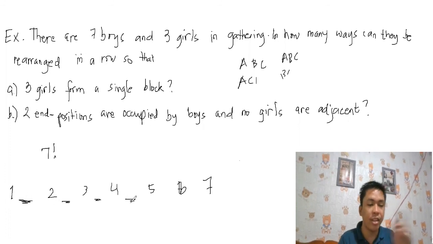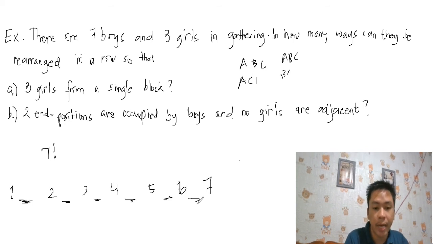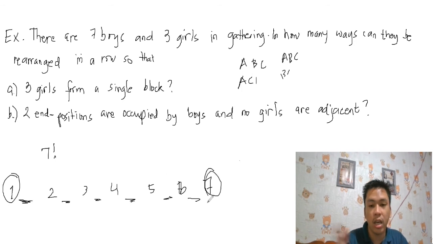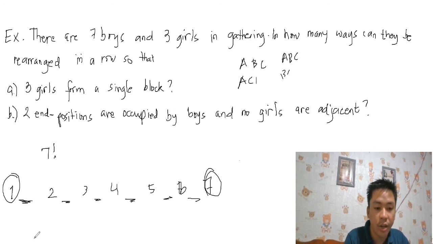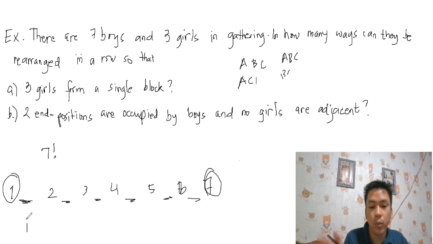So the spaces for girls are the ones in between those numbers. But you cannot place a girl before the first boy or after the last boy because, according to the rule, the two end positions shall be occupied by boys. So these endpoints are occupied already by boys. Therefore, the selections for girls are only in between the boys.